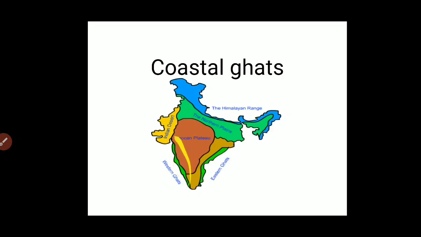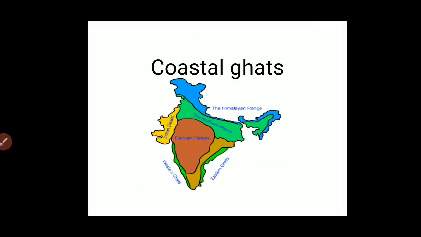These two strips are called as the coastal ghats. The western coastal lies between the Arabian Sea and the western ghats. Here is the Arabian Sea. So this western coastal lies here, whereas the eastern coastal lies towards the Bay of Bengal. Here is Bay of Bengal, and these are the eastern coastal that lies between eastern ghats and the Bay of Bengal.